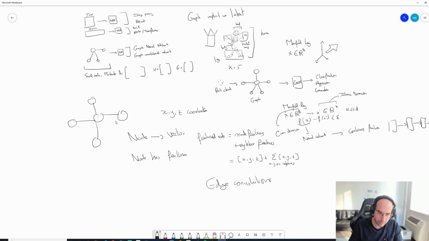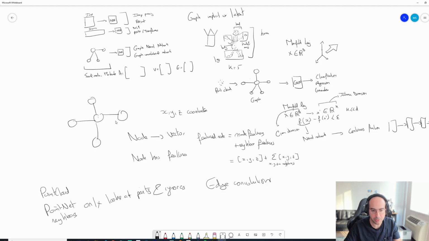The most famous point cloud network is called PointNet, and PointNet only looks at points and ignores neighbors, right? So it's sort of a simplifying assumption.